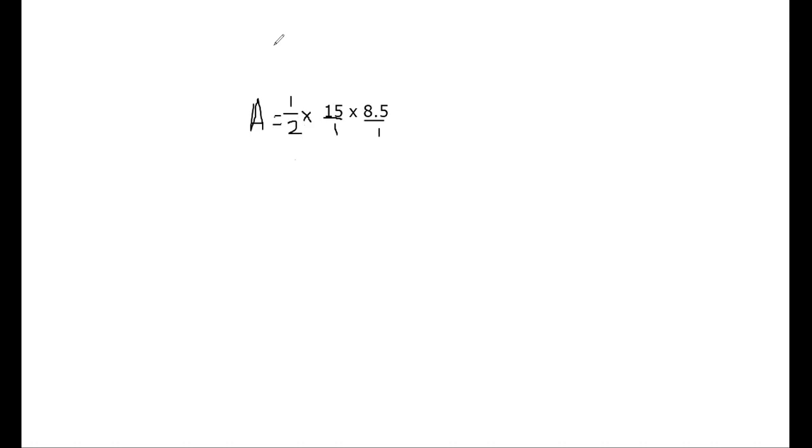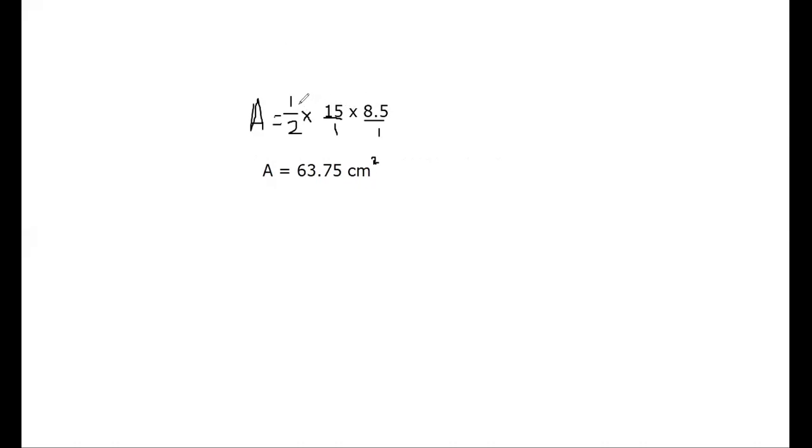So the area for this question is going to be 63.75. How 63.75? Now that's a square centimeter. You can do any one way.